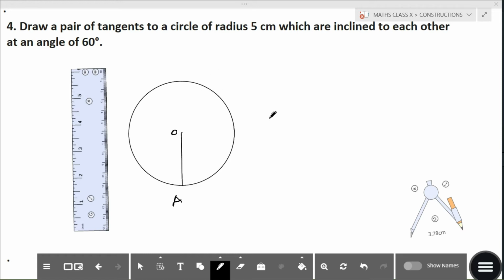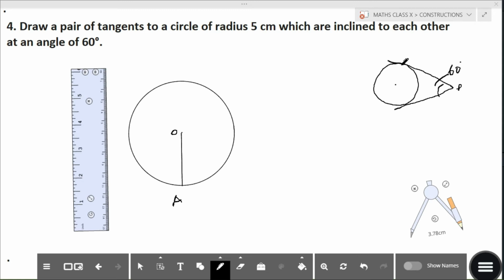We have done a lot of theorems earlier regarding tangents. If this is a circle, and this is the point P, we get the two tangents. If we have these two tangents and need this angle to be 60 degrees, we have to construct the tangents so that the angle between the pair is 60 degrees.